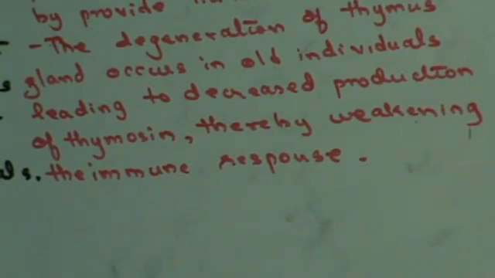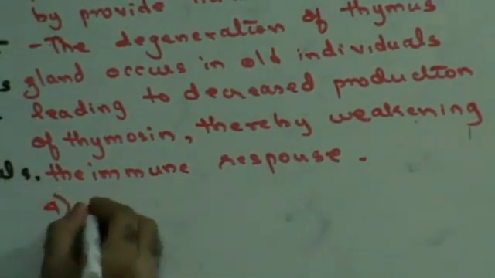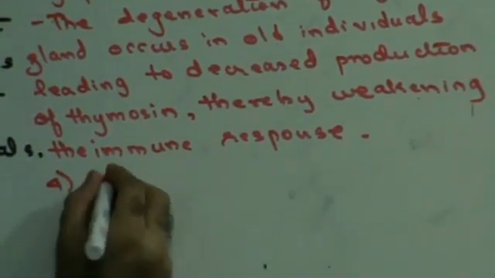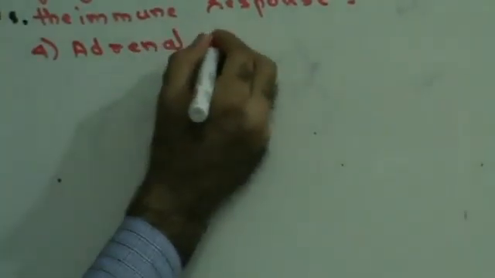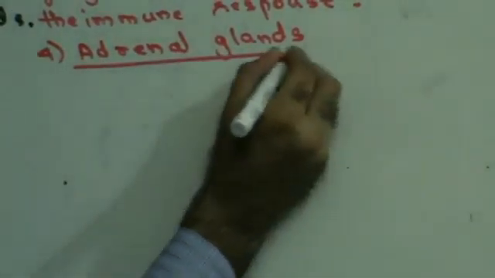The next we will see is the adrenal glands. Now, where are they located? They are located on the upper border of the kidneys.